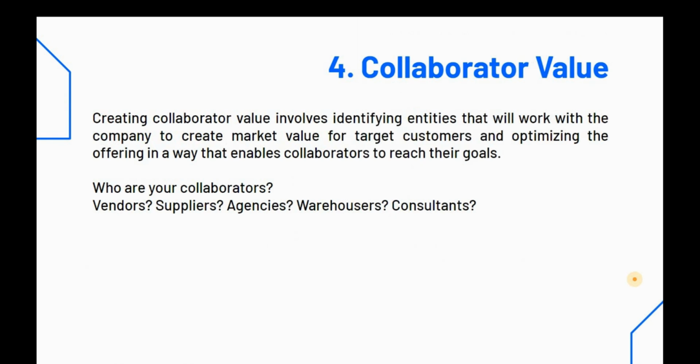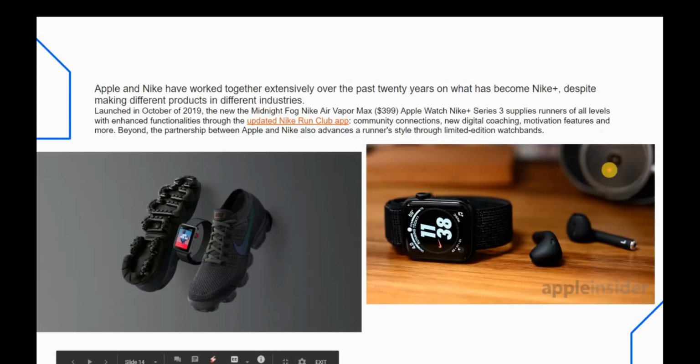And then number 4, we have the collaborator value. Creating collaborator value involves identifying entities that will work with the company to create market value for target customers. So it's up to you to know who your collaborators are. Are they your vendors, your suppliers, your agency, the warehousers, the consultants? One good example of two companies collaborating together perfectly are Apple and Nike.